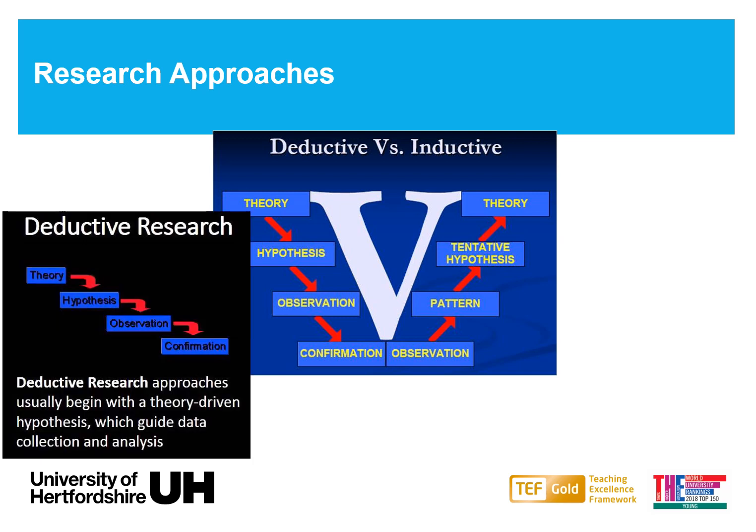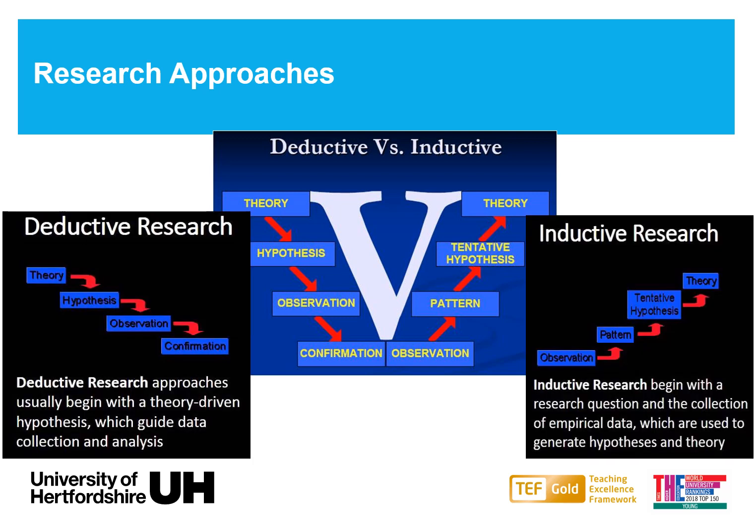Another two diagrams, with word explanations, clearly demonstrate the difference between these two. The deductive approach usually begins with a theory-driven hypothesis which guides data collection and analysis, while inductive research begins with a research question and the collection of empirical data, which means primary data, which are used to generate hypotheses and theory.